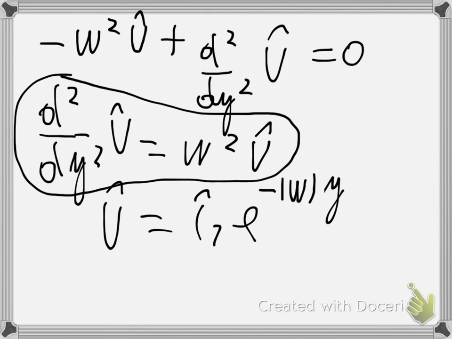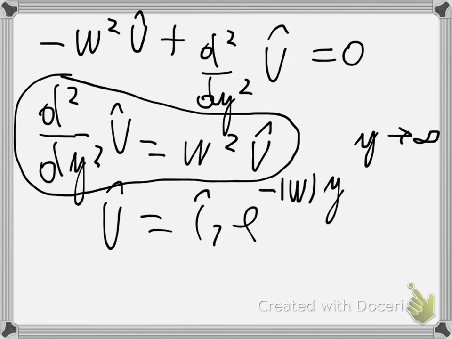If you differentiate it, you get the same function again, but the exponent comes in front of the function. And we have minus absolute value of omega because we require our function to be bounded as y goes toward infinity. If y goes toward infinity, we want our function to converge to 0.